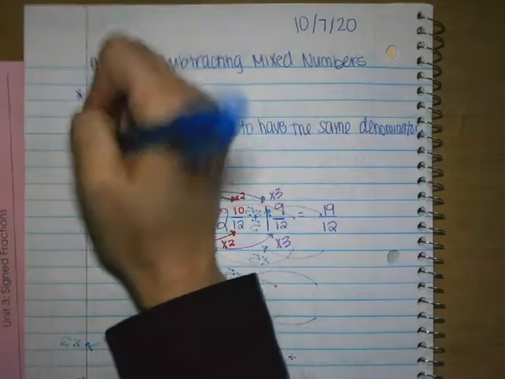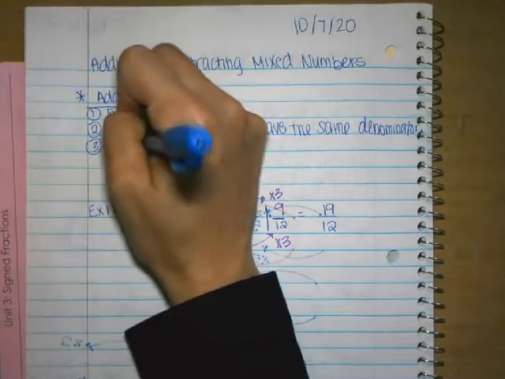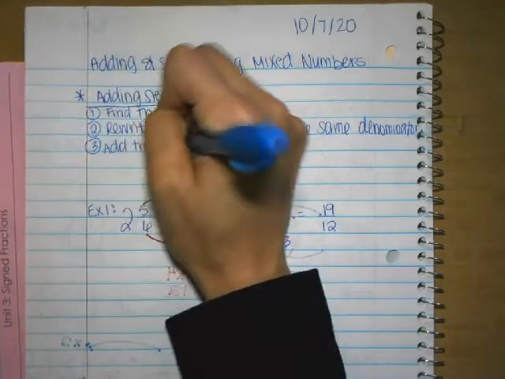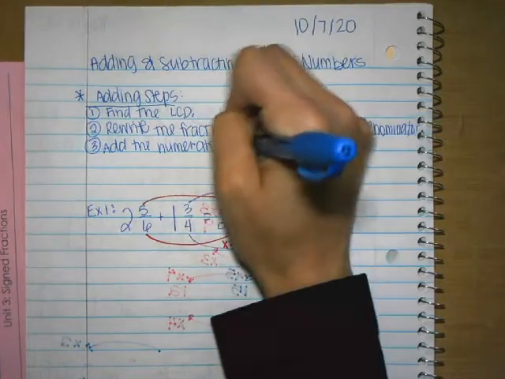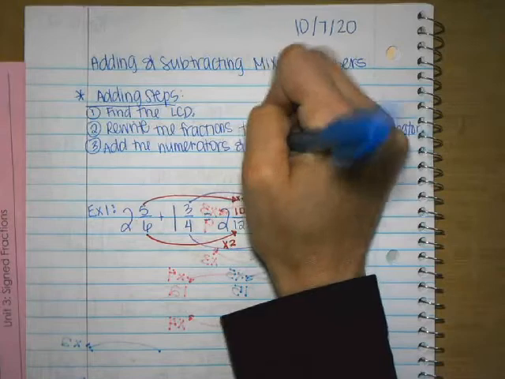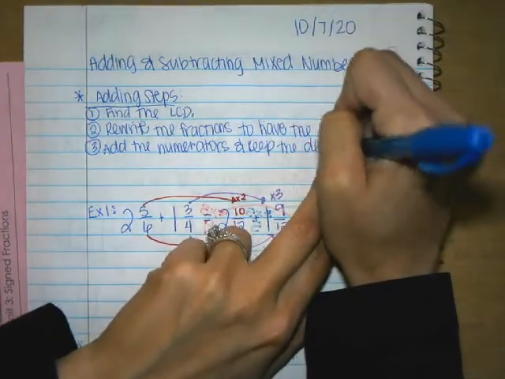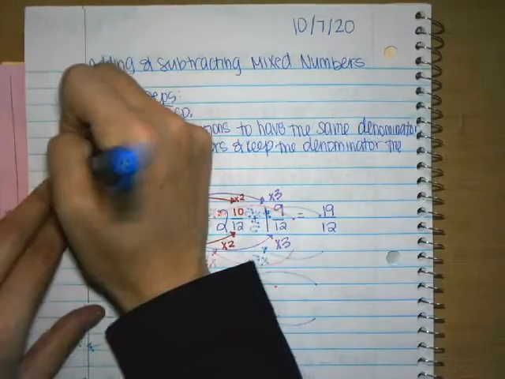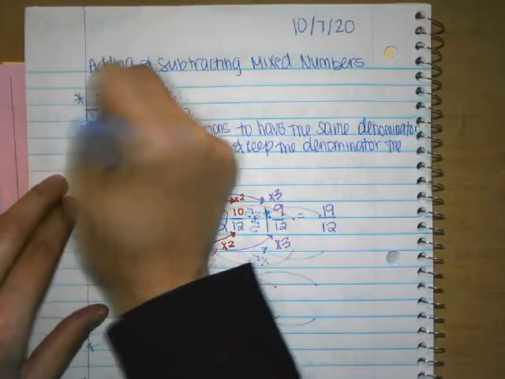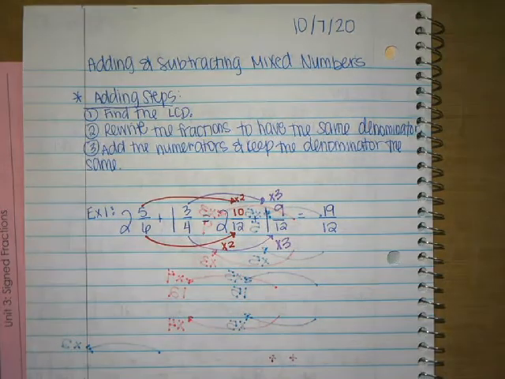So step 3 is still add the numerators and keep the denominator the same. Add the numerators and keep the denominators the same.